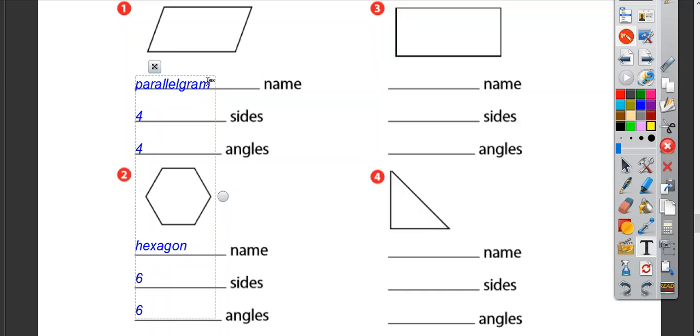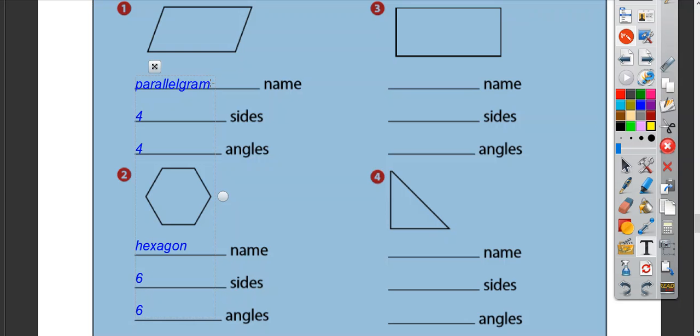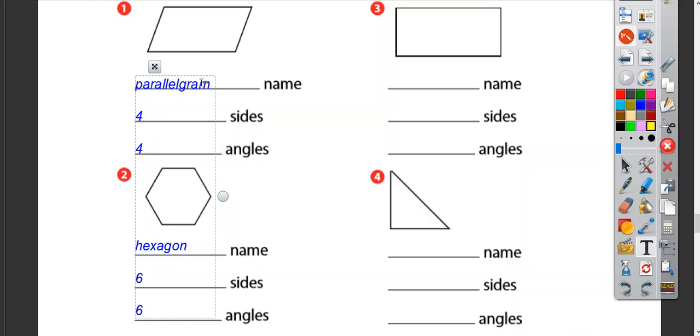What about the next shape? Question 3. This is called a rectangle. Okay, let me have another box. How many sides does it have?